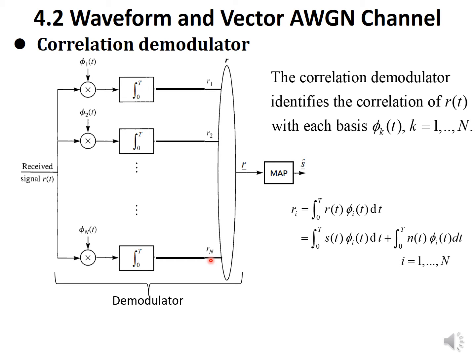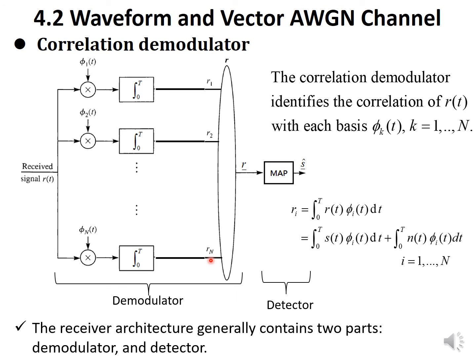So the first part is called the demodulator, and the second part is called the detector. And here we have the MAP detector. Any type of receiver architecture contains these two parts, demodulator and detector.